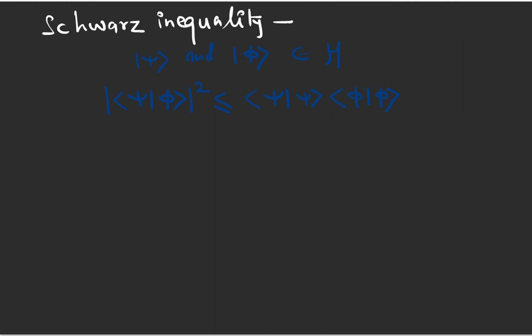If psi and phi are linearly dependent, that is, ket psi is equal to alpha ket phi, where alpha is a scalar, then this relation becomes an equality.